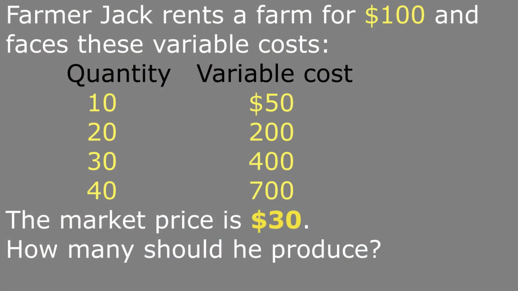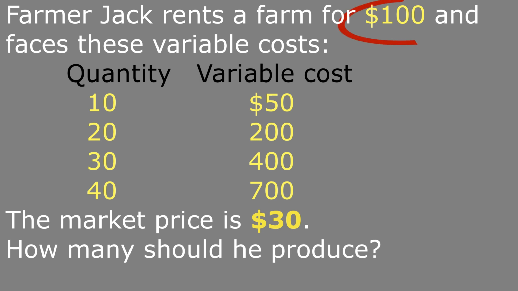And now let's solve a medium problem, an average problem. Not too simple, not too tough. For such a problem, your professor might give you a fixed cost and a variable cost, and you will need to add them up and calculate total cost by yourself. Farmer Jack rents a farm for $100, and this question gives you variable costs.